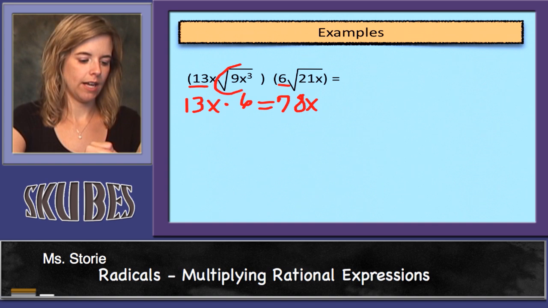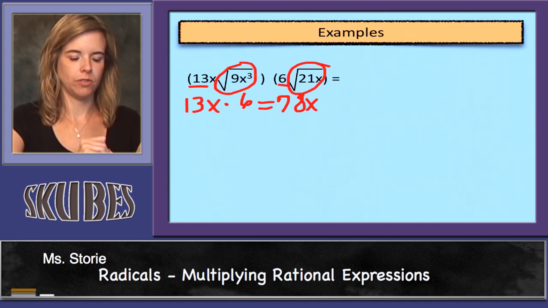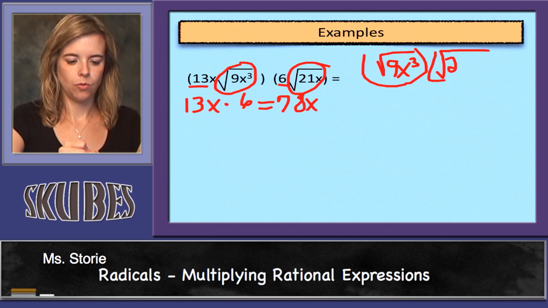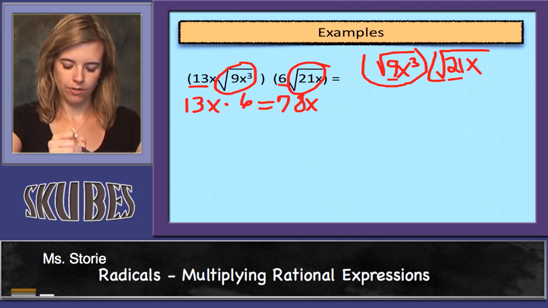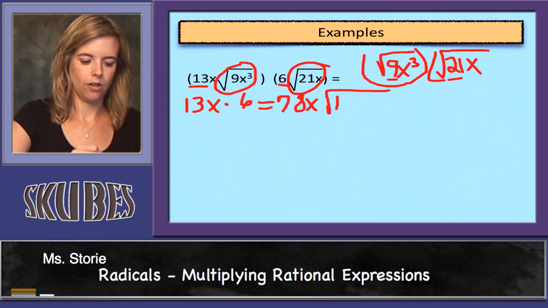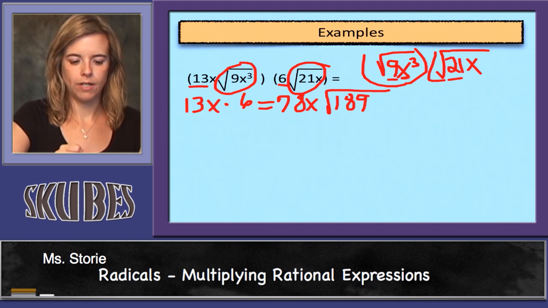Then next, you're going to take your radicals, and you're going to multiply them together. So you're going to take radical 9x cubed, and you're going to multiply it times radical 21x. 9 times 21 is going to be the first thing you're going to do, and you're going to get 189. And then you're going to multiply x cubed and x.